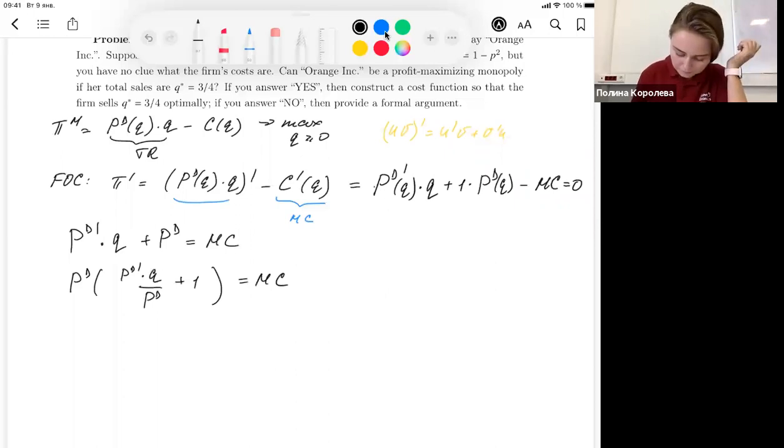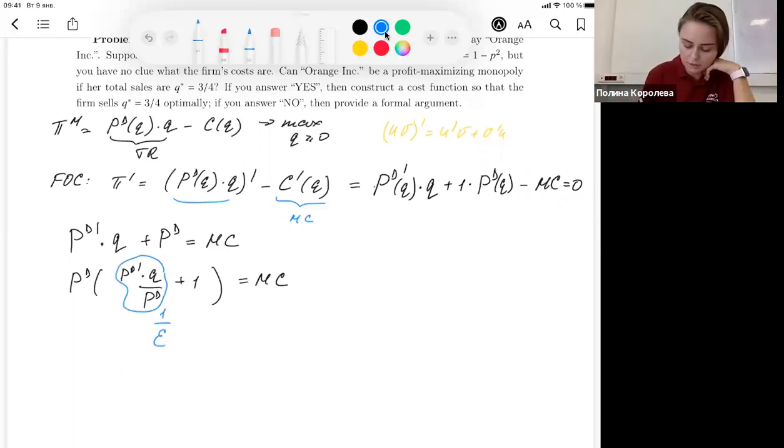Agree? We can do it like this. Then this formula is what? It is the reverse definition of elasticity, 1 over elasticity by module, here with minus. Elasticity of the demand.